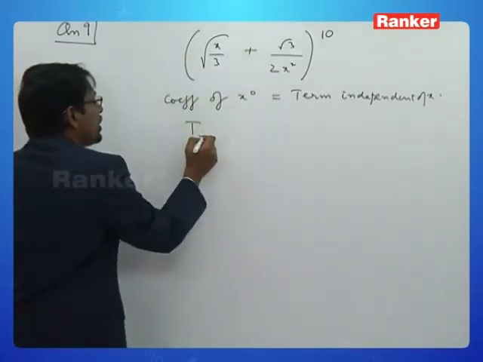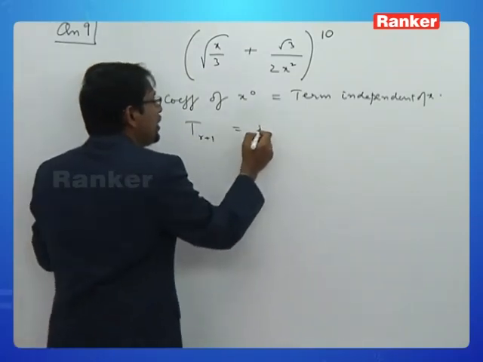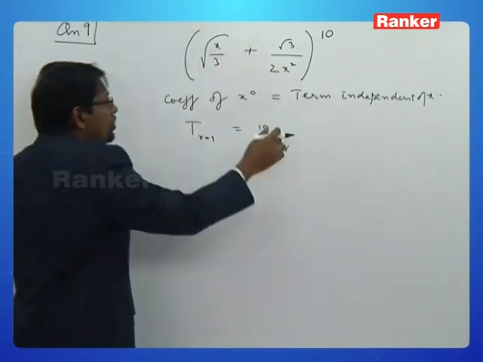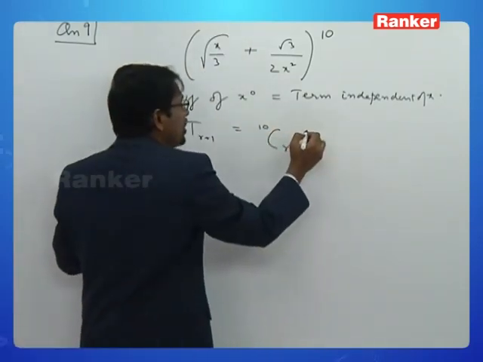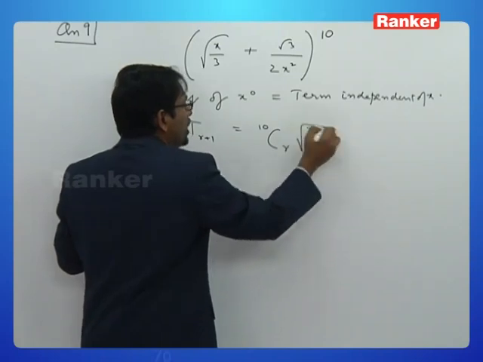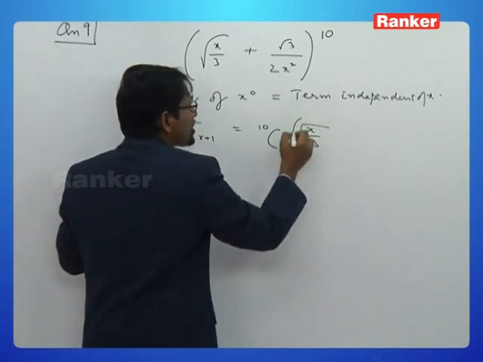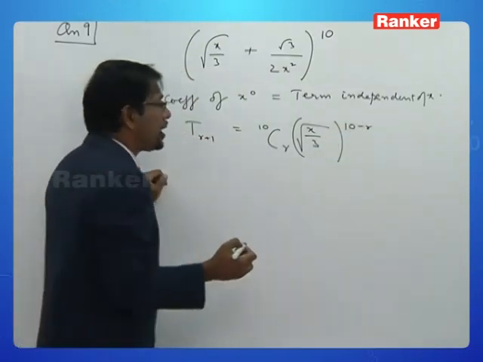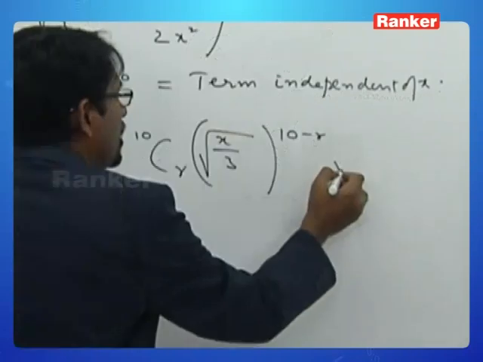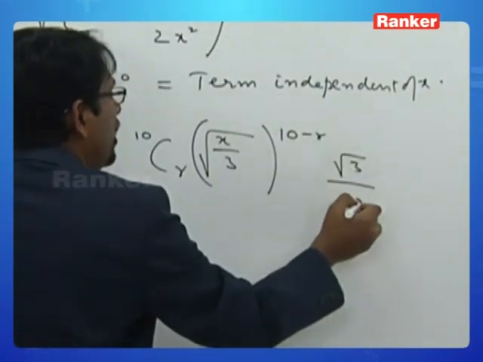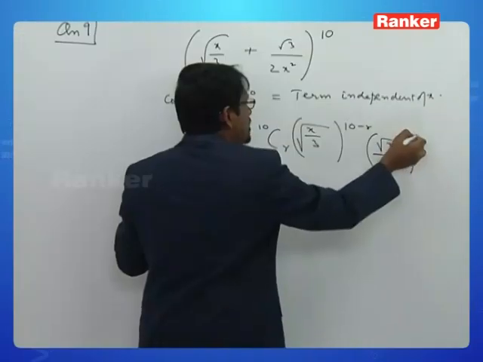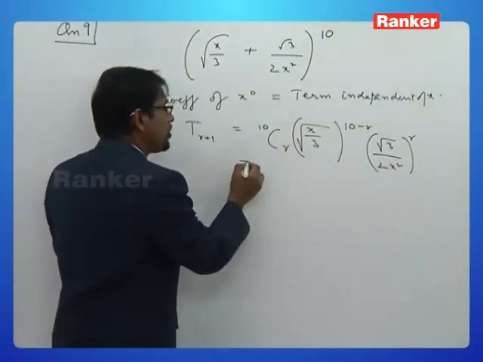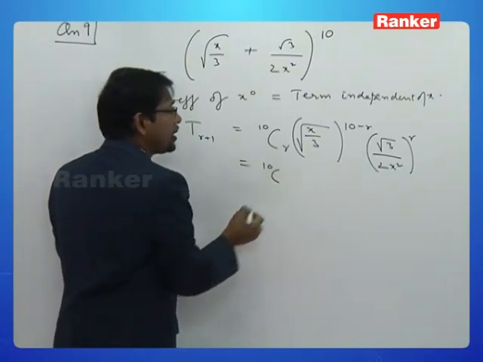What's the general term? T(r plus 1) is given by 10Cr into the first symbol raised to the power 10 minus r. So root of x by 3 raised to the power 10 minus r, and the second symbol, root 3 by 2x square, raised to the power r. That is the (r plus 1)th term. Now let us group the x terms and separate out the coefficient part.